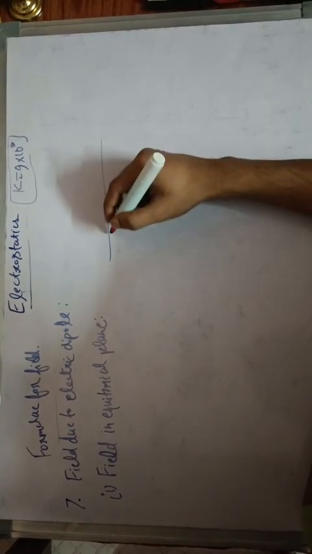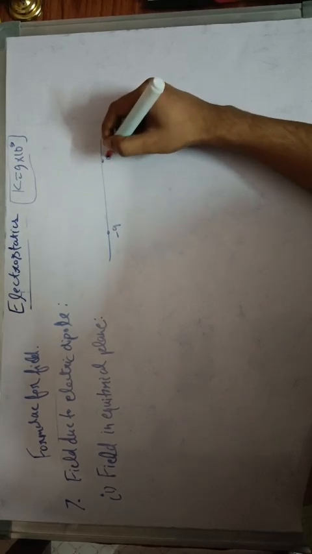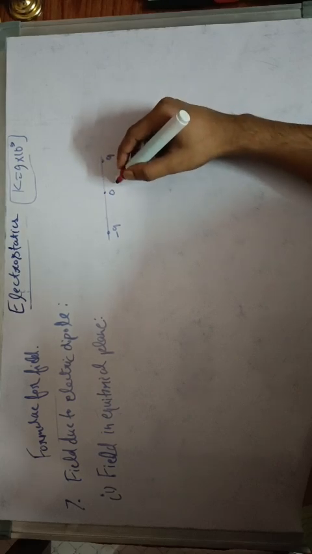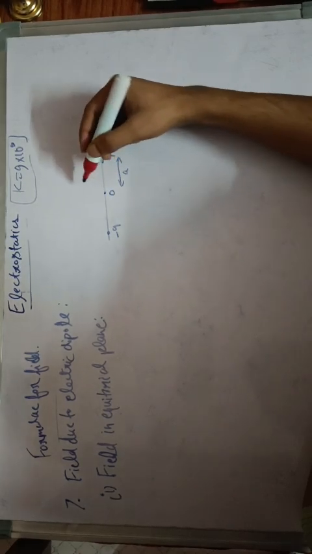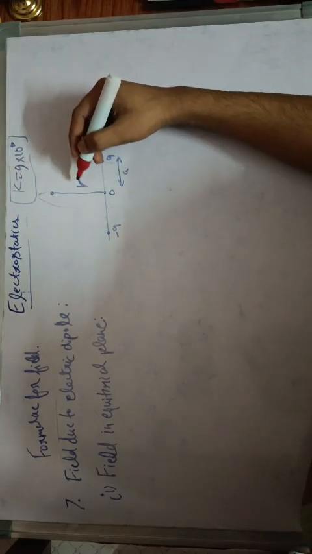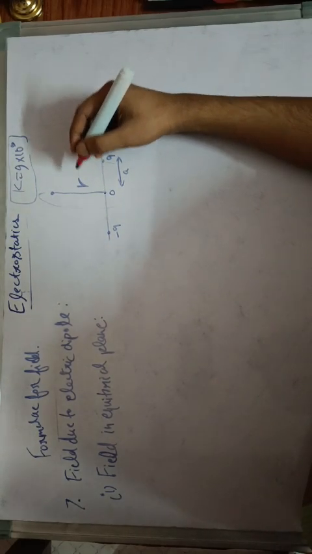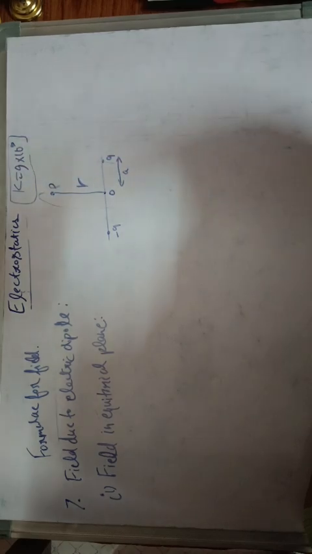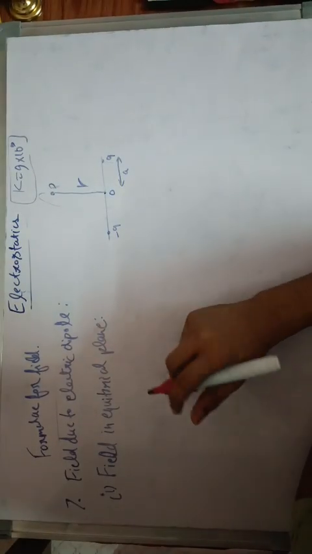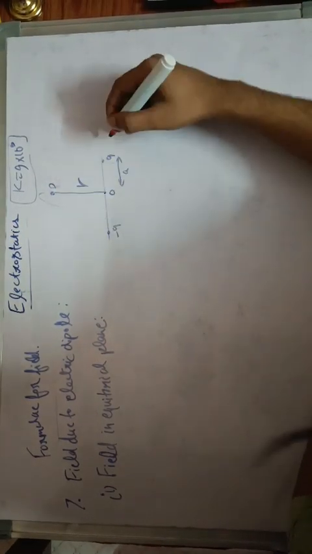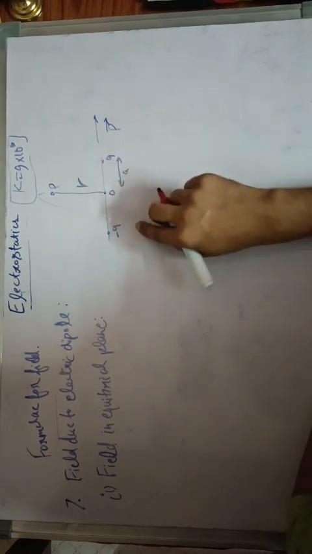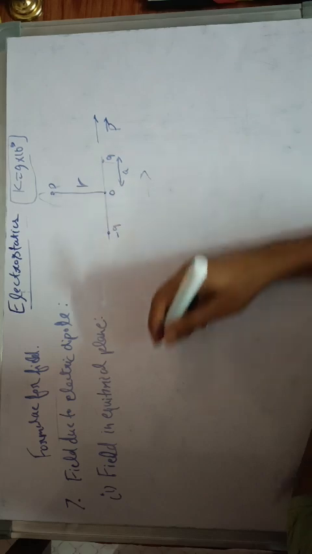Field in the equatorial plane, let's say this is minus q, this is some plus q charge, and this is a dipole. It has center here, O, and this has length a. Then in this equatorial plane, let's say the point P is at any r distance, then the field would be equal to the dipole moment, the electric dipole vector p points in this direction from minus q to q. This is the direction of p vector.